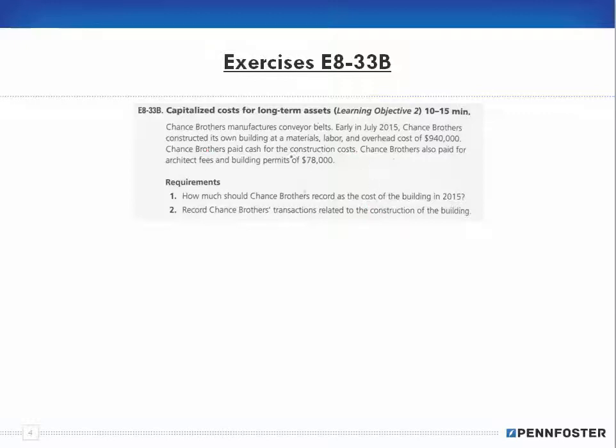Right, so let's see here. They constructed the building, with materials, labor, and overhead costs of $940,000. So that was for the actual construction of the building, but they also paid architect fees and building permits, so that's $78,000.